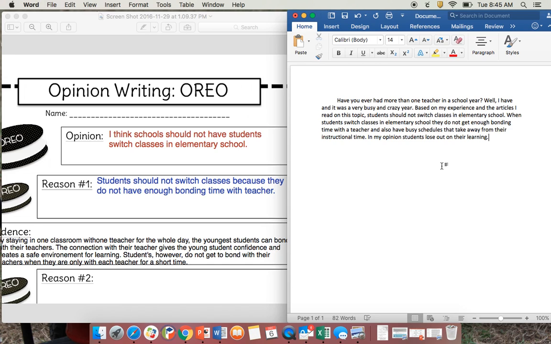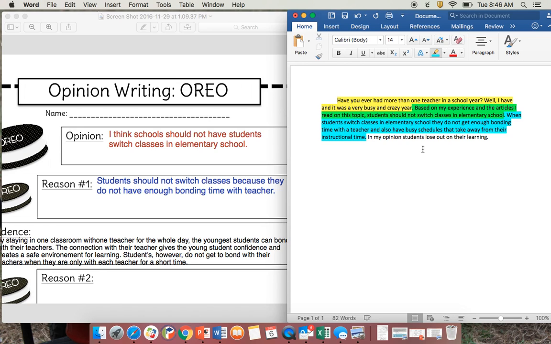I have created a grabber. So if you look in here, this right here would be my grabber. That's the first requirement. My second requirement is I have stated my opinion. So this is my opinion. And then I've also added in some reasons.